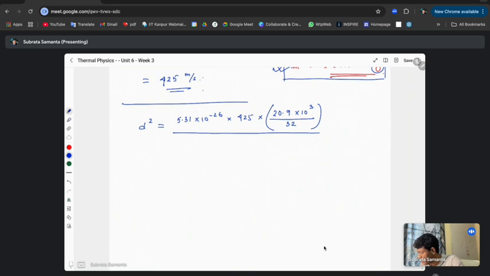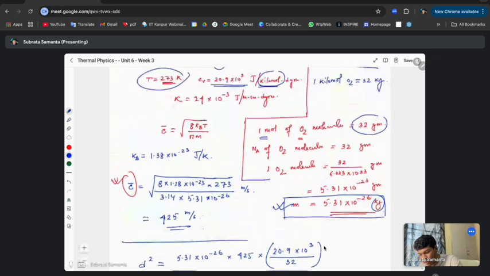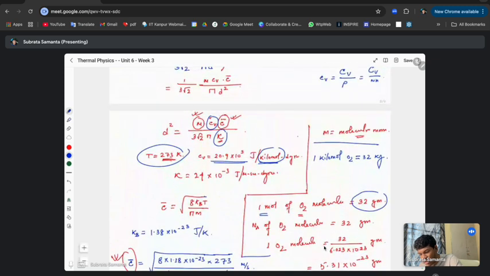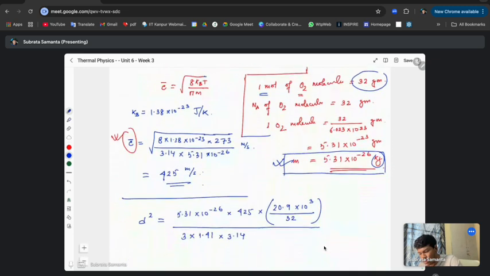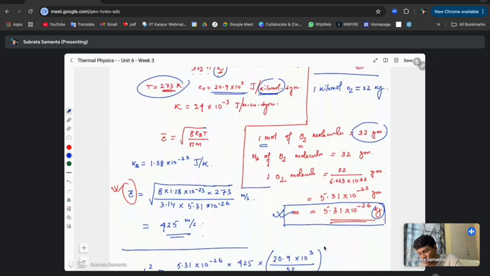and in the denominator we have 3 times, what is the value of root 2? Basically 1.41, okay, times 3.14, the value of pi. Okay, just look into the expression, 3 times root 2 times pi times k. So what is the value of k? Thermal conductivity is 24 times 10 to the power minus 3.